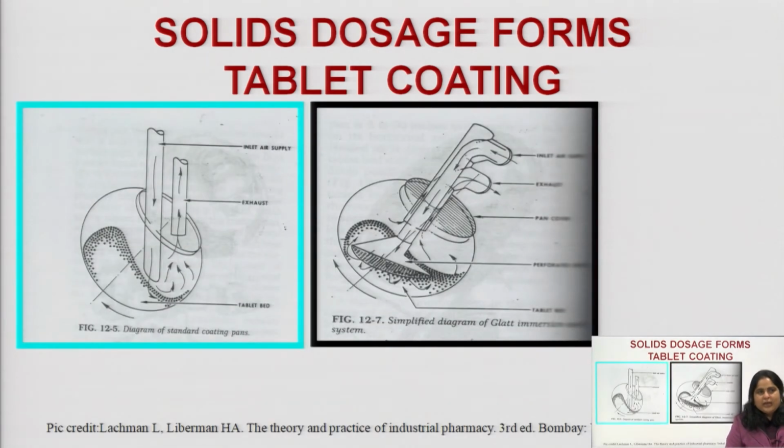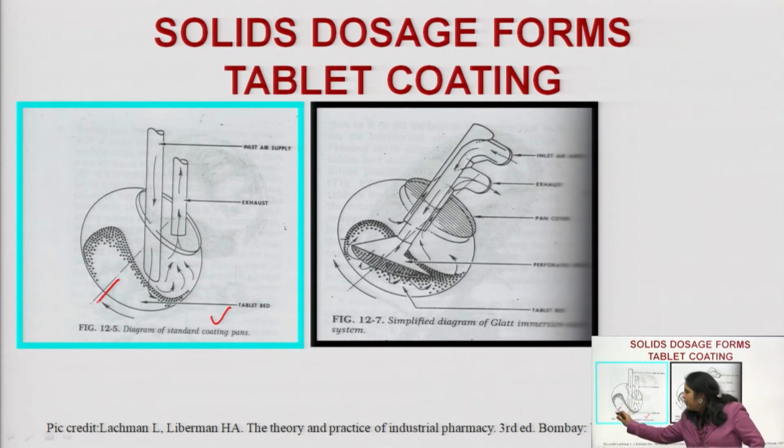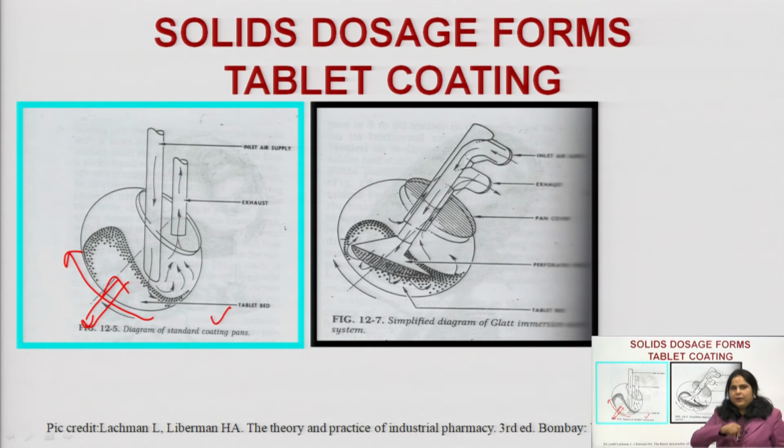Now, the various equipments which are used for tablet coating operations are, first one, the most simple process used was standard coating pan. This was nothing but a simple pan which was mounted on a shaft, and this tablet coating pan rotates at its own axis.